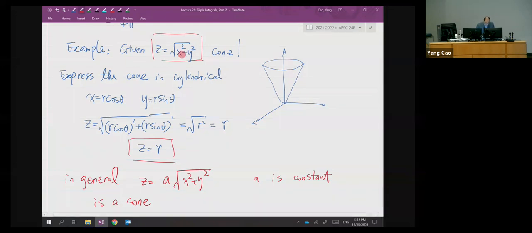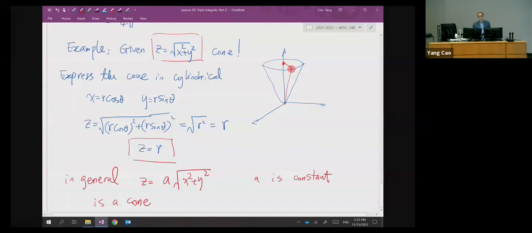So here's what I want to show you. I'm going to draw a line on the surface of the cone, starting from the origin, a reading line along the surface of the cone. Then I pick a point anywhere on the z-axis and connect to that point.